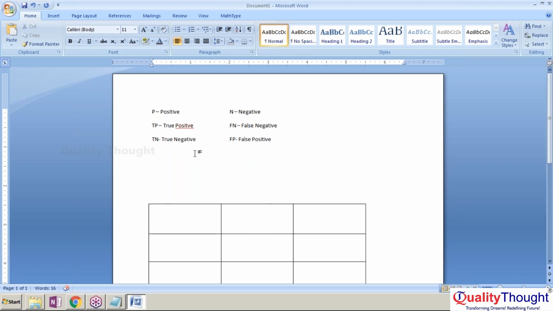Right. So now, how are we going to understand this one? Classification rate or accuracy.